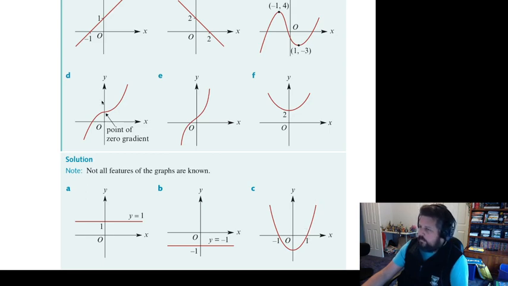Yep. This one here is a cubic. You know that there is a point of inflection here, stationary point of inflection. So at that stationary point of inflection, which is happening at 0, you know it's going to touch the axis of the derivative function.